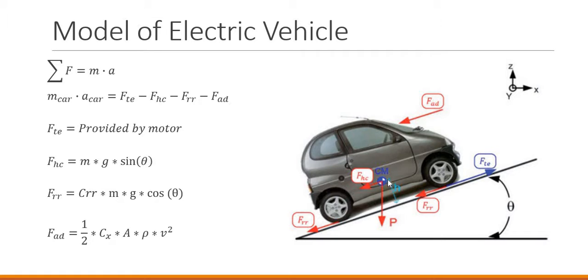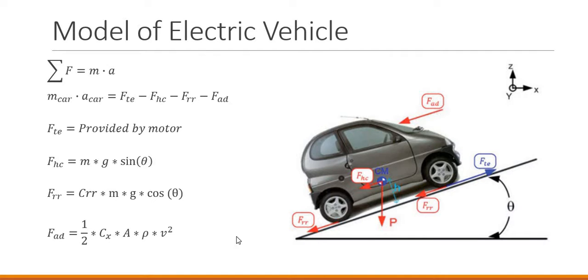Fhc is the weight of the car acting against the traction force when it is facing a slope. FRR is the rolling resistance, that is an interaction between the wheels and the road and is opposing the motion. And FAP, that is the track resistance of the car when it starts to move.